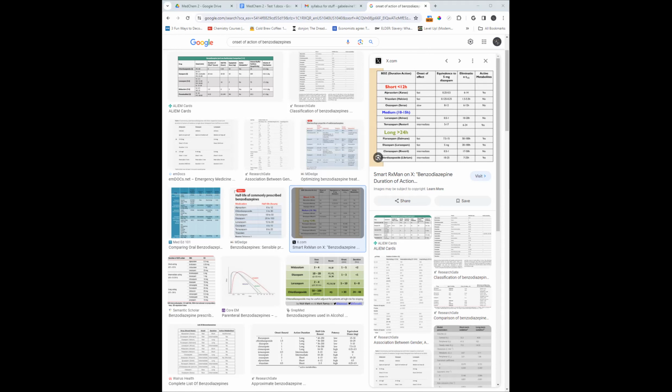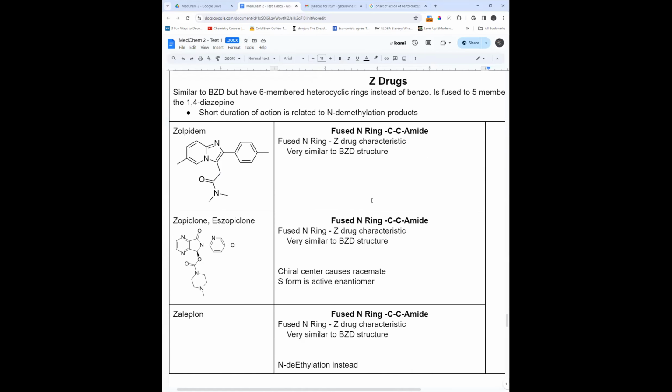Really good questions. All right, so for the Z drugs, where the benzodiazepines have that fused ring between the diazepine and the benzene ring, the Z drugs are just using a different kind of fused ring.